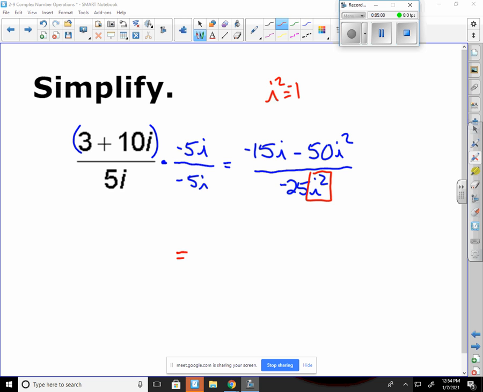So this would still be negative 15i, and then since this becomes a negative 1, it's negative 1 times negative 50. So that would be plus 50. Same thing in the denominator. If I multiply this by a negative 1, it's going to give me a positive 25.